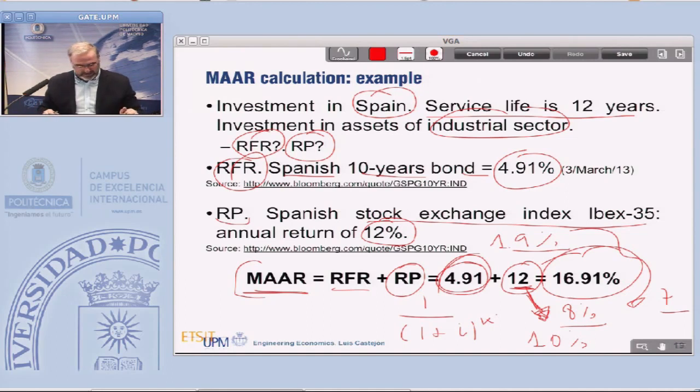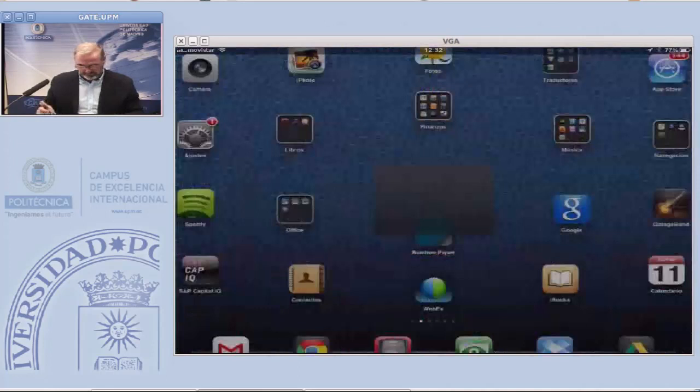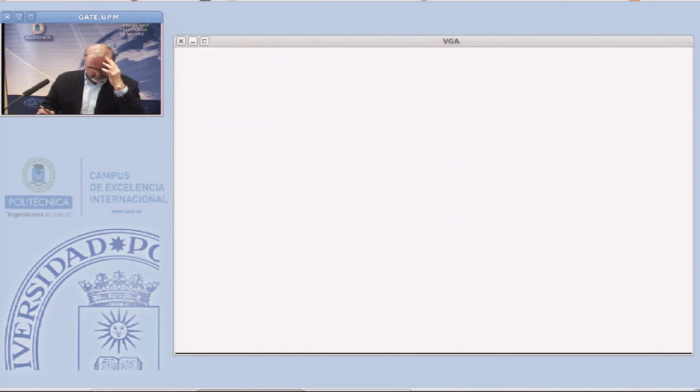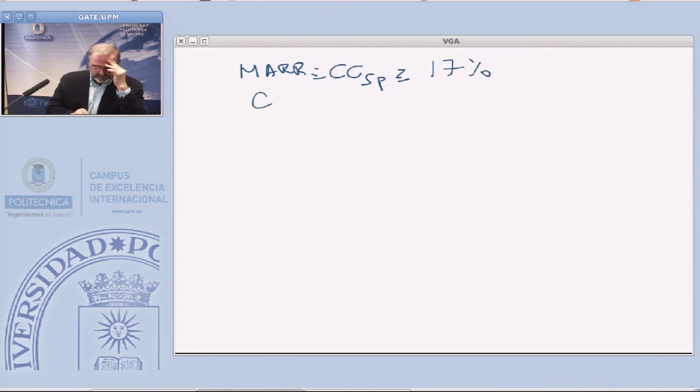So how can we answer this question? Let me use a white paper, this one. Okay. So the minimum attractive rate of return, this is the cost of capital in Spain, is equal to 17%, and the cost of capital in Germany is 10%.